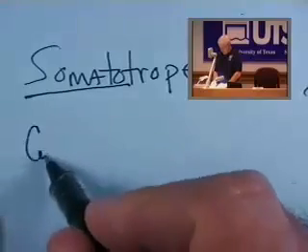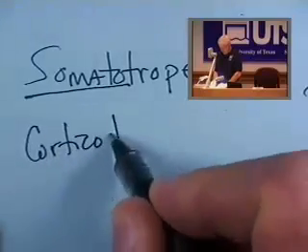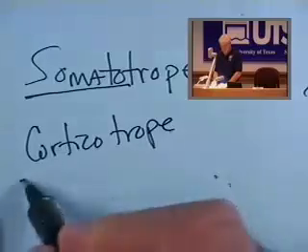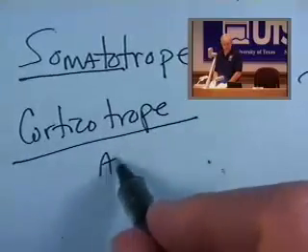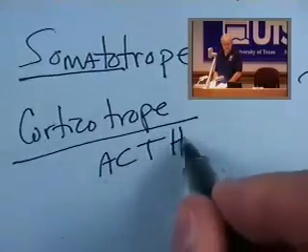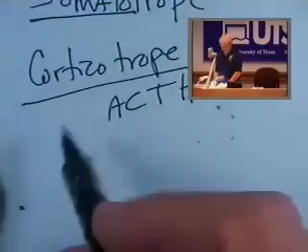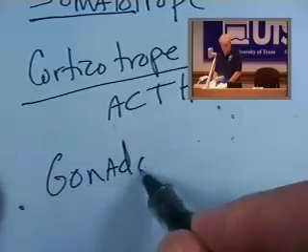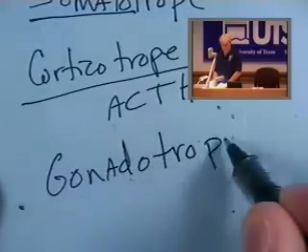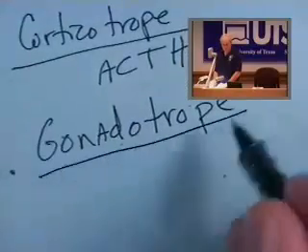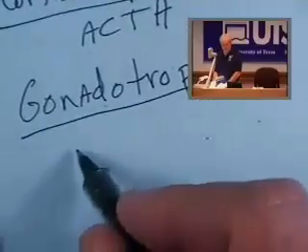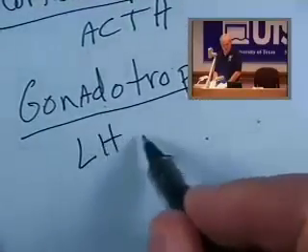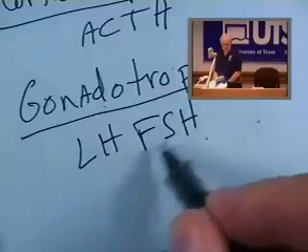And the corticotropes will be for the ACTH. The gonadotrophs, gonadotrope cell, obviously for the gonadotropins. There are two gonadotropins, LH and FSH, as we know.